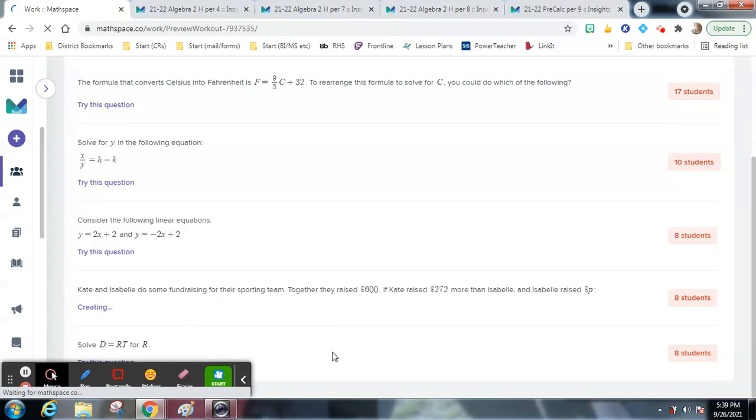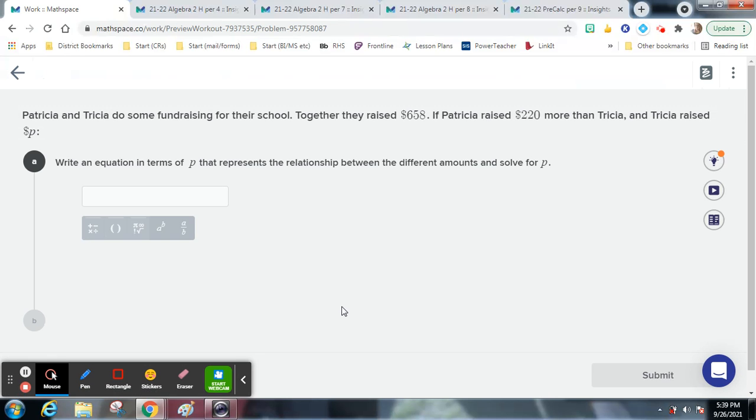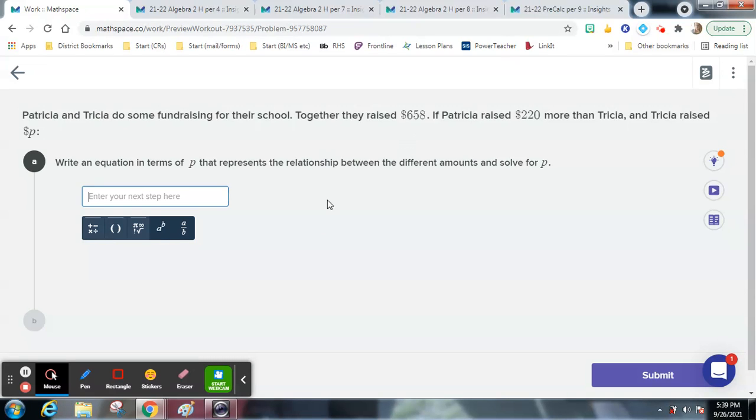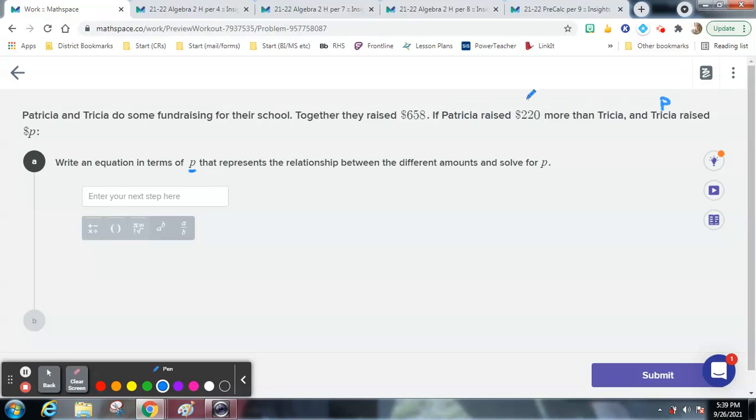Let's try the next one. So a little word problem. So we have Patricia and Trisha fundraising for school. Together they raised $658. If Patricia raised 220 more than Trisha, and Trisha raised P amount of dollars, we want to write an equation in terms of P. So everything has to be in P. So Trisha is P. Patricia is 220 more than Trisha.